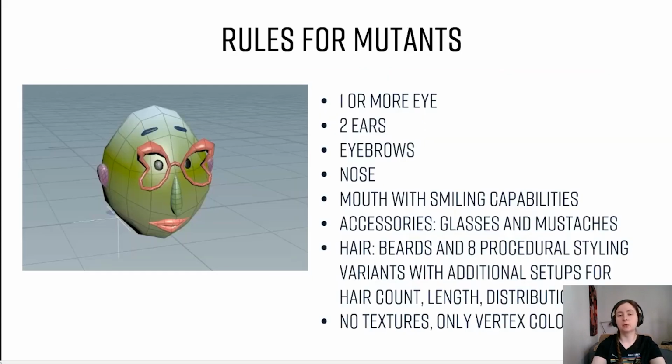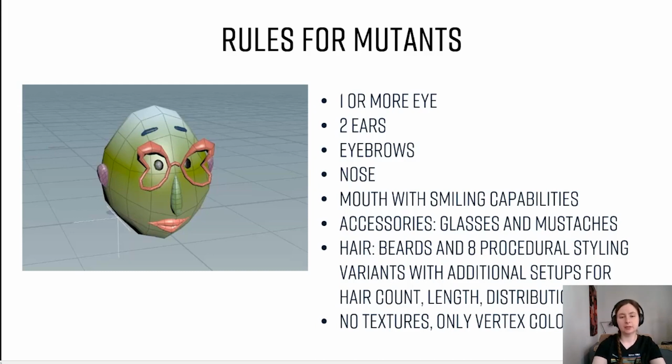We had to set up some rules for the mutants, just because we had some sense of art direction for them. So they all should have one or more eyes, 2 ears, eyebrows, nose. We thought we'll make them mouths and probably eyes with animating capabilities, because we plan to add animation and blend shapes further down the road.